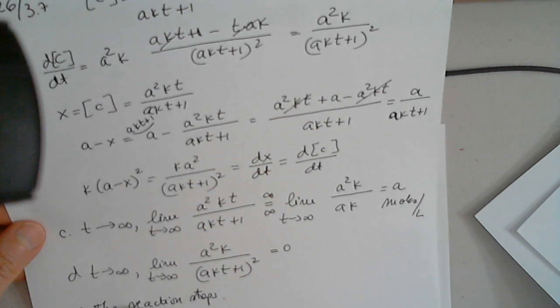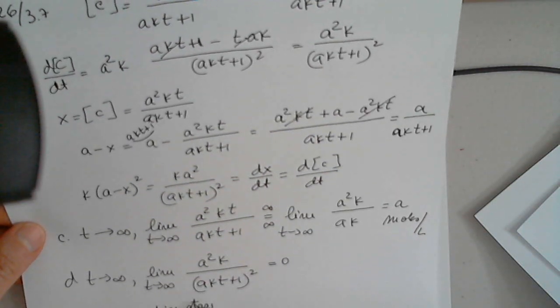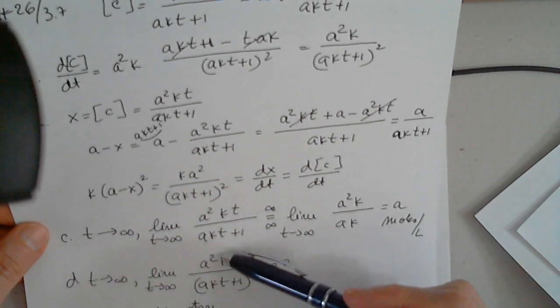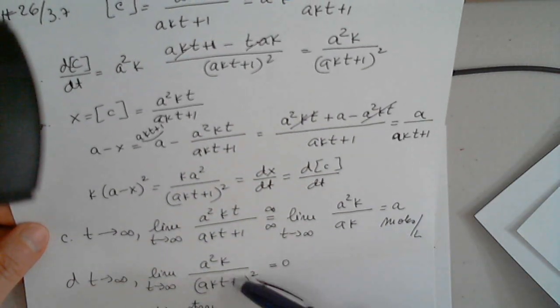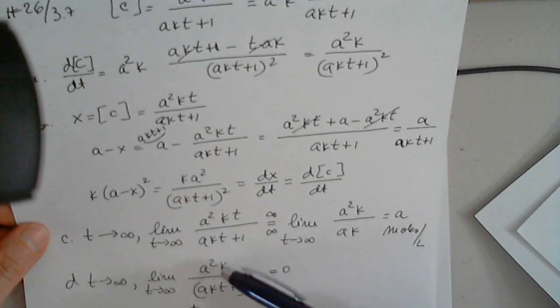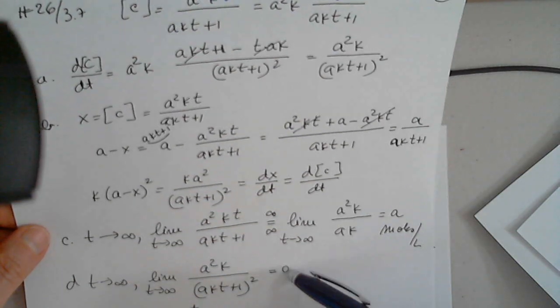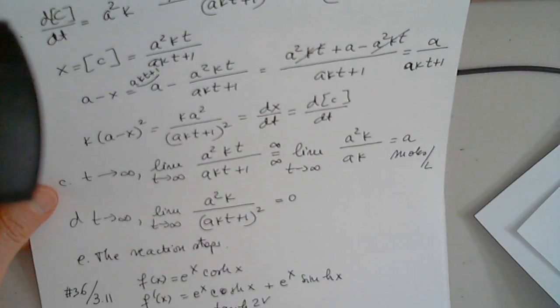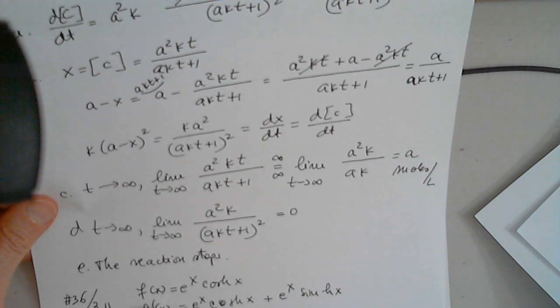T approaches infinity. From this formula, that is 0, because the numerator doesn't even have t. When the denominator increases without bound, a number divided by a huge is 0. And the reaction stops. So these are a couple of questions from 3.11.